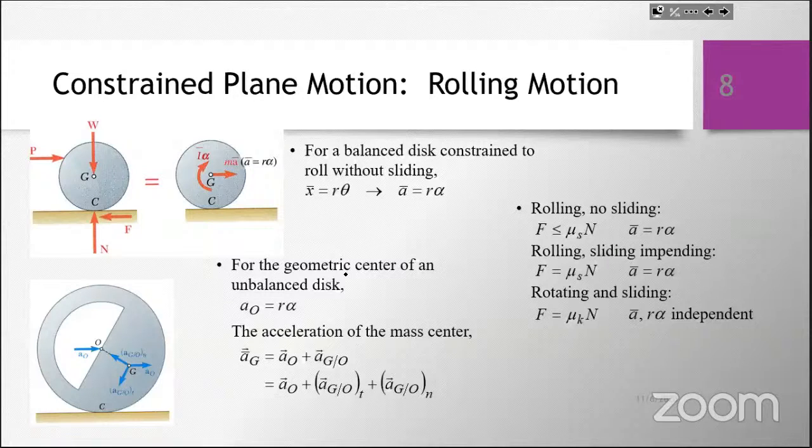And if we're rolling without slipping, then this holds true: acceleration is equal to r times alpha. If we have rolling with impending sliding, so we're just about to slide, then my frictional force is equal to mu sub s times N, and it's the same equation. So that's great. And then our final case is we're rotating and we're sliding.